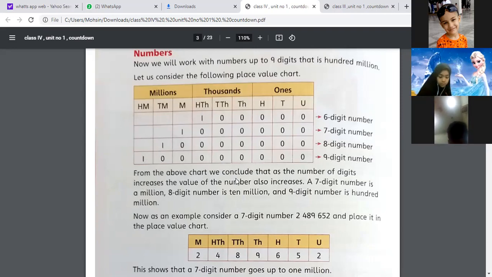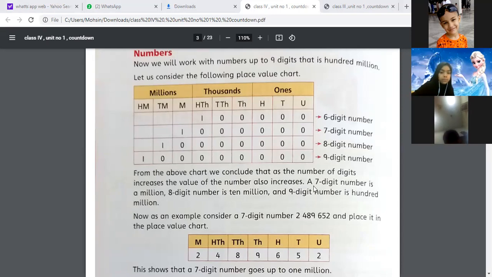From the above chart, we conclude that as the number of digits increases, the value of the number also increases. जैसे जैसे हमारे numbers add होते हैं, तो हमारी value भी क्या हो जाती है?